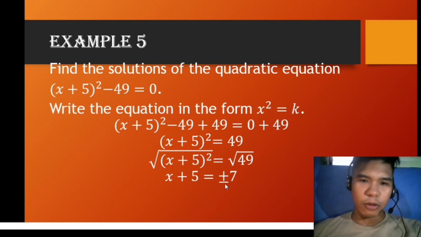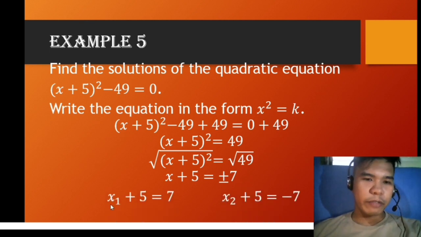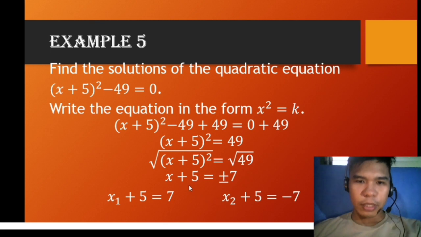Again, we will solve this separately using positive 7 and negative 7. So we have here the first value of x plus 5 equal to, using positive 7 first. And then the other value of x, copy plus 5 equal to, this time we're going to use negative 7.